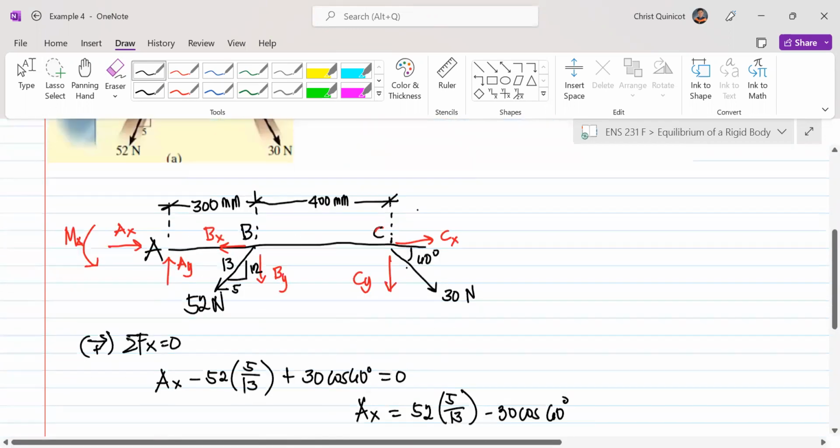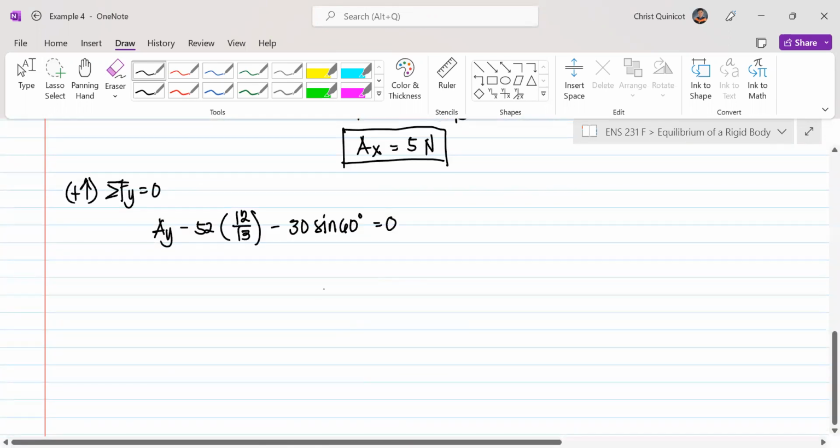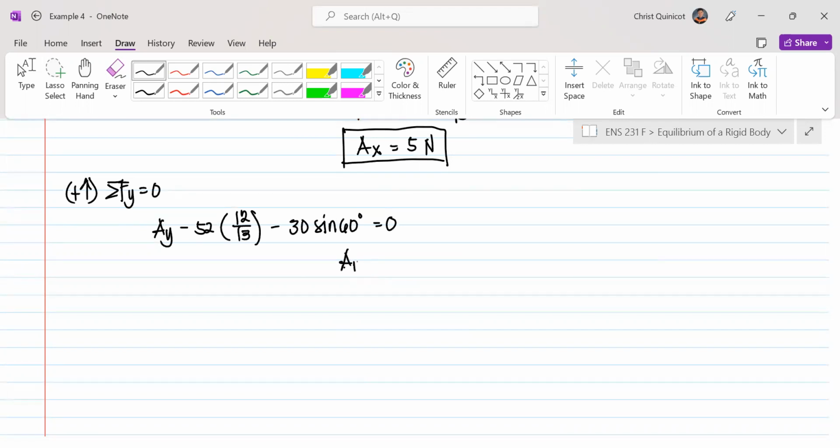Therefore A sub y is equal to 52 times 12 over 13 plus 30 sine 60 degrees.